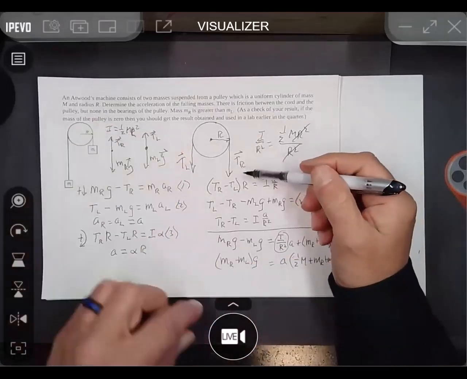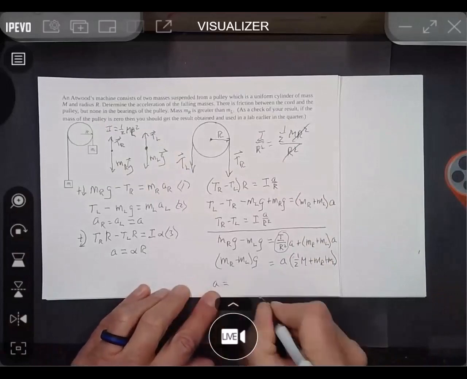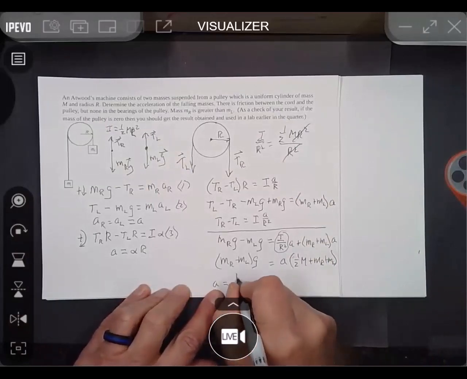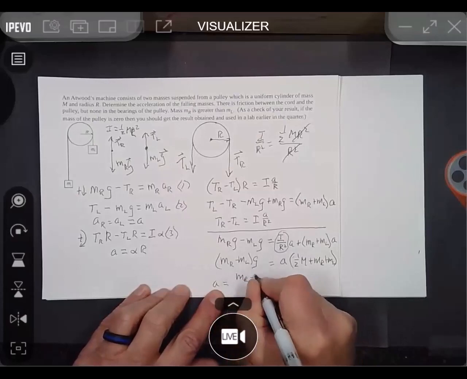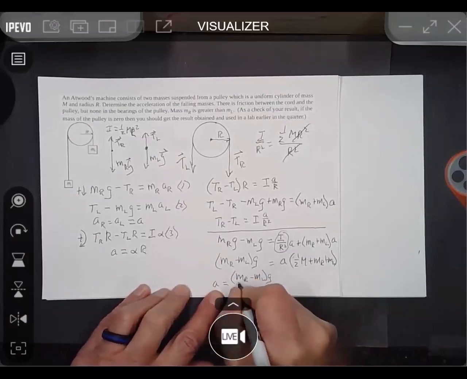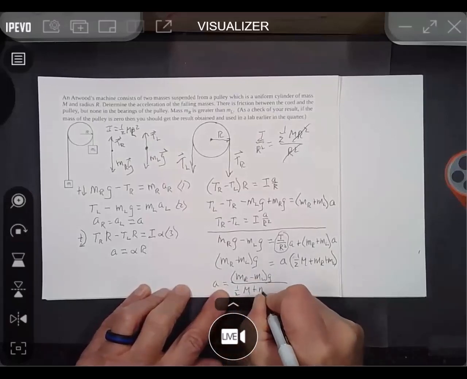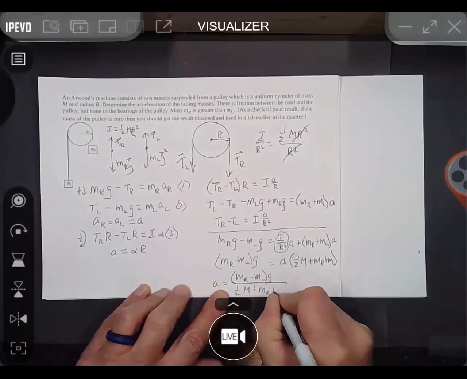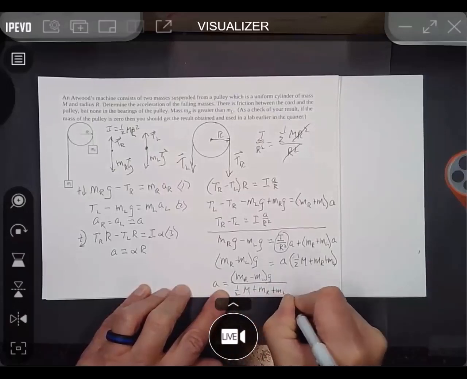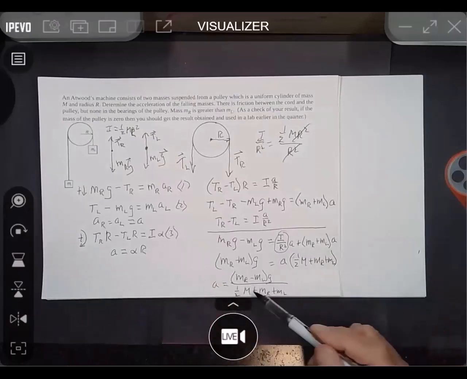That's what's actually driving this thing. And the acceleration will equal M sub R minus M sub L times G divided by 1/2 capital M plus M sub R plus M sub L. And that's the acceleration.